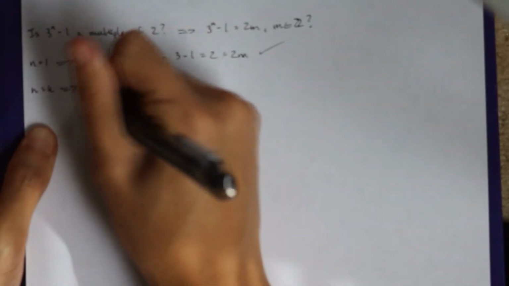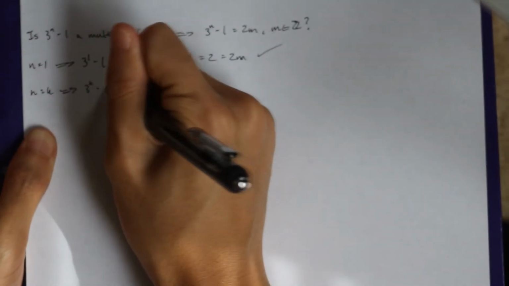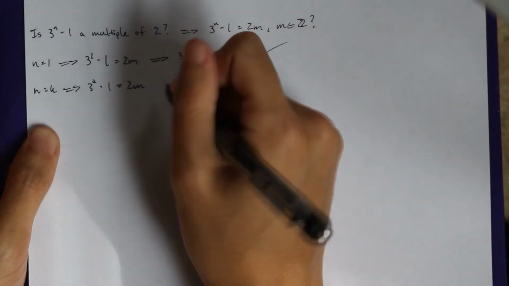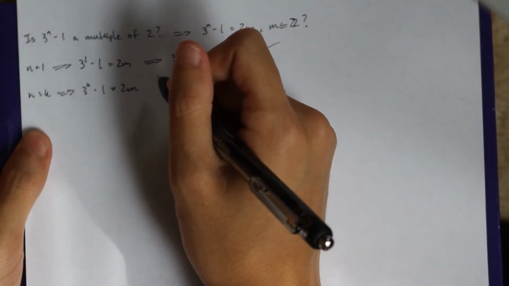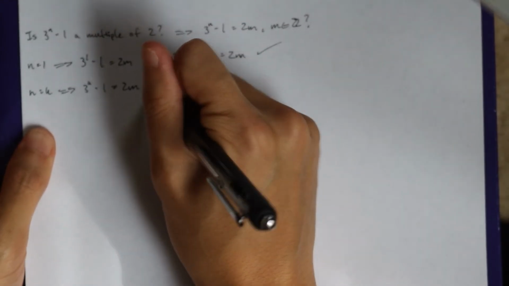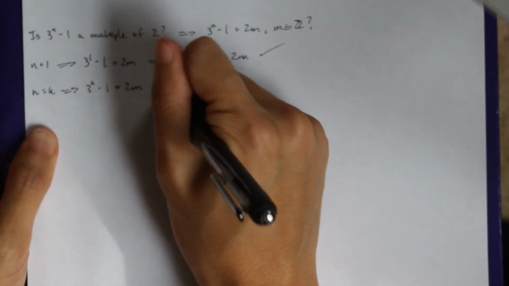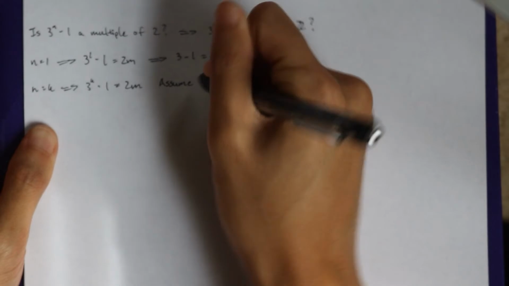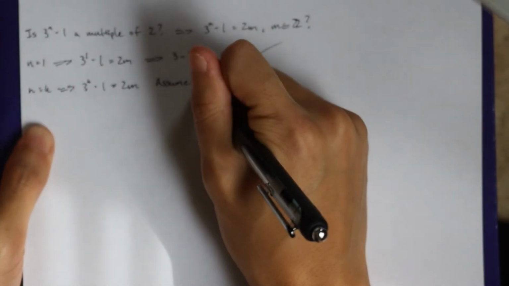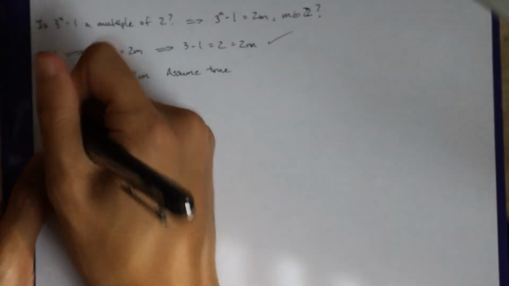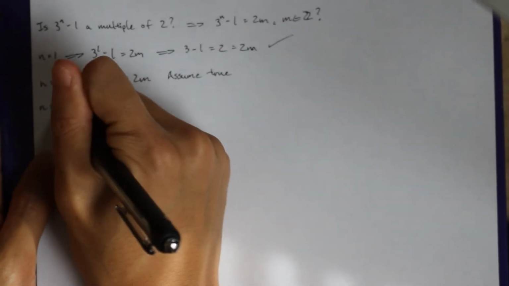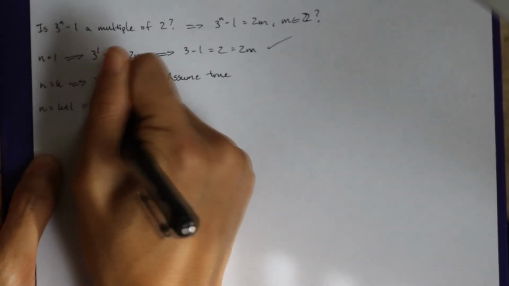So now let's show for n equals k. Simply just plug into the equation 3 to the k minus 1 equals 2m. Now let us assume true for k, n equals k, in order for us to prove for n is equal to k plus 1. So now let's plug in. And so now n equals k plus 1.